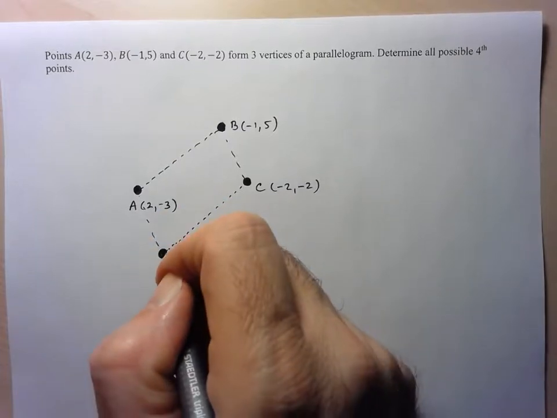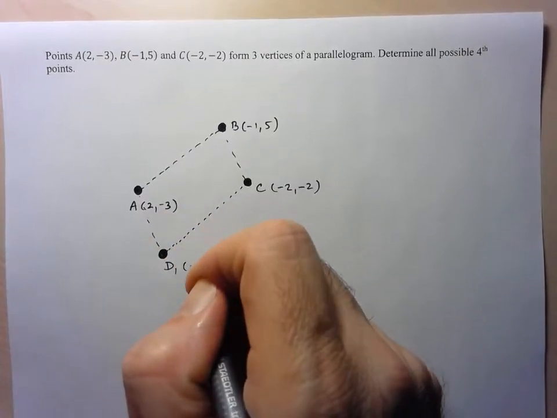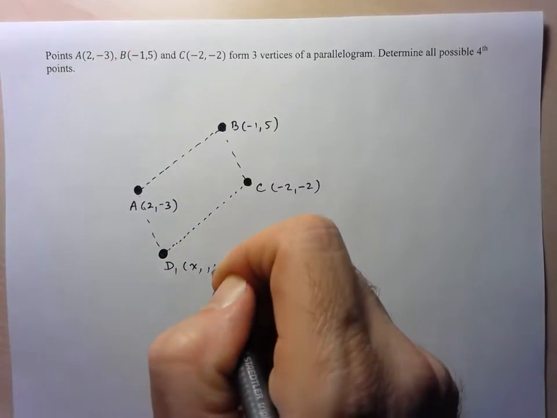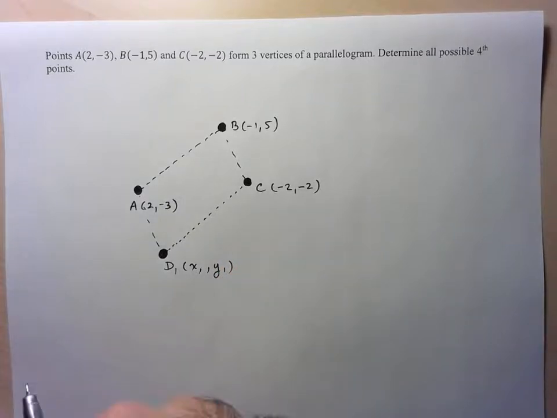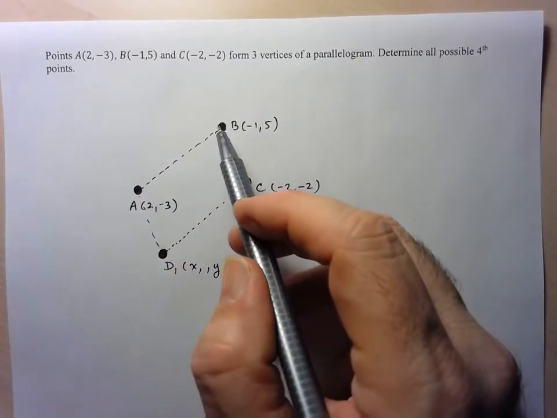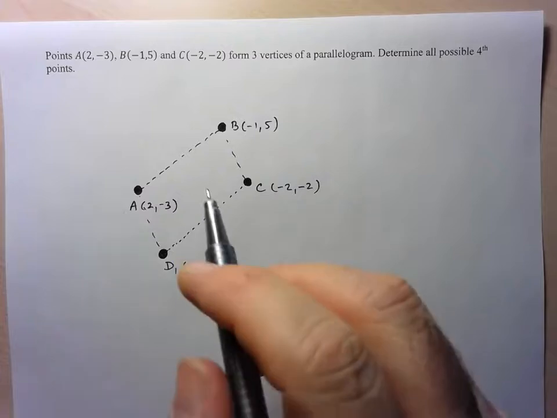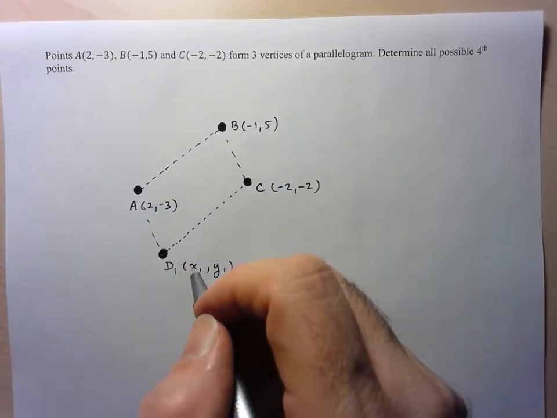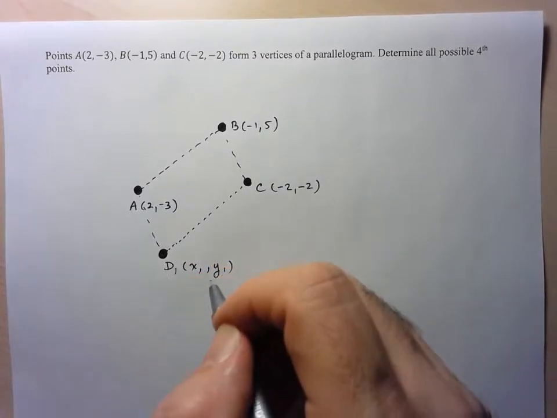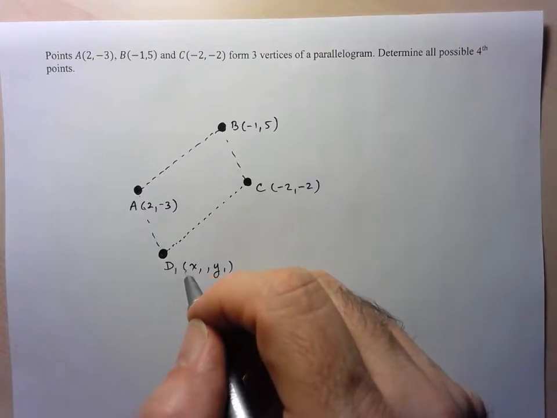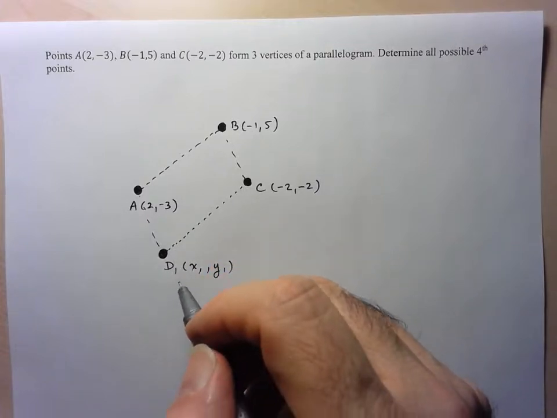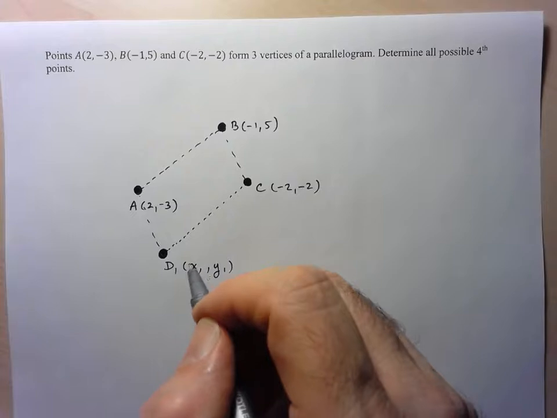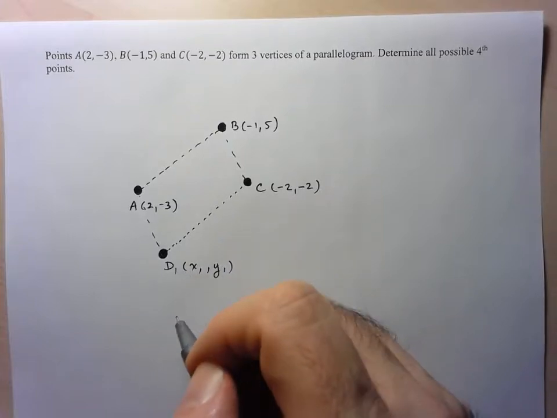Let's call this point here D1, and I'll label it (x1, y1). Now, I could draw a vector from A to B or B to A, but I want to end up with my variable point always being the second one, because remember, when we find the vector joining 2 points, it's always the second minus the first, and I'd really prefer having my variables come first.